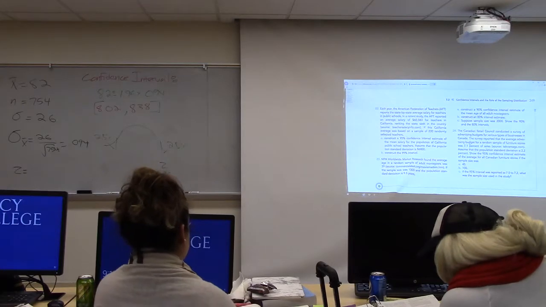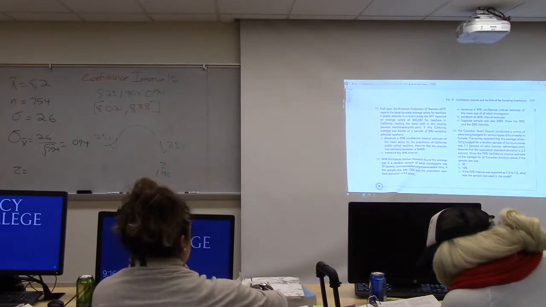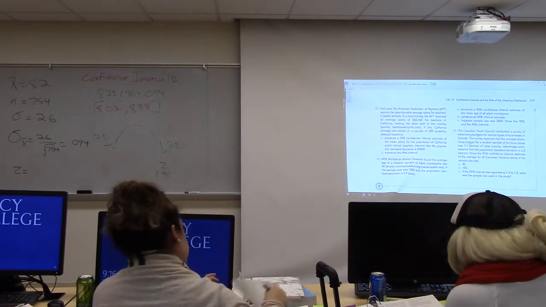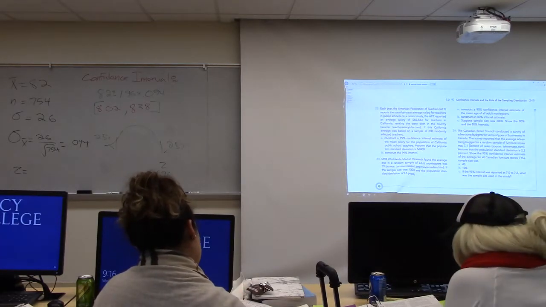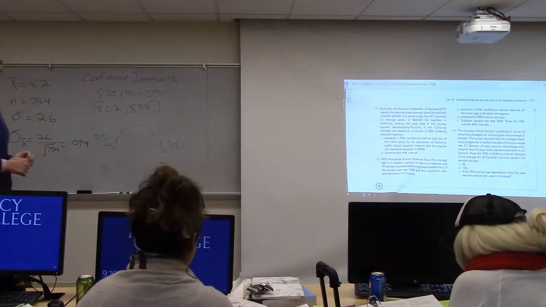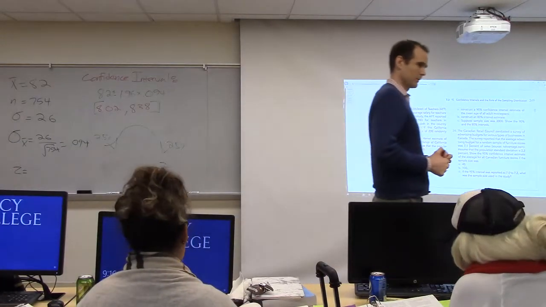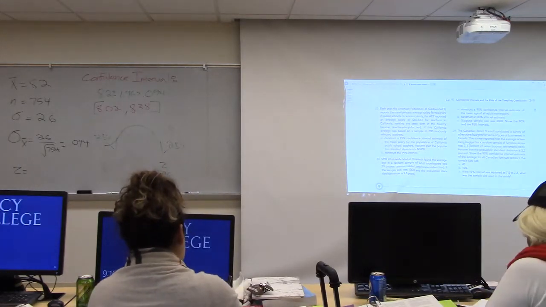Which number do you want to do? 22. Let's do 22. Right, formula. All right. We're close to the finish line. You're doing great. 22.